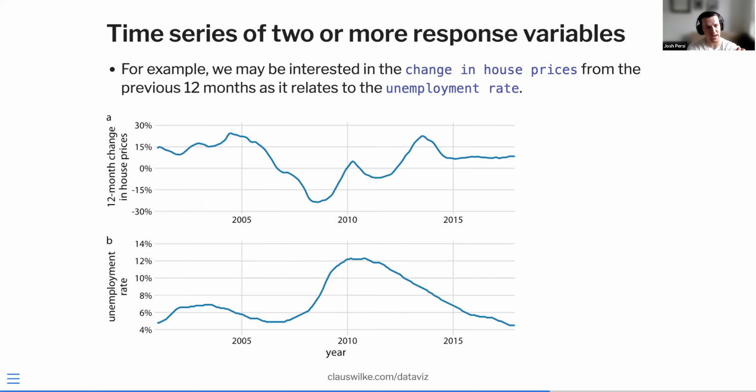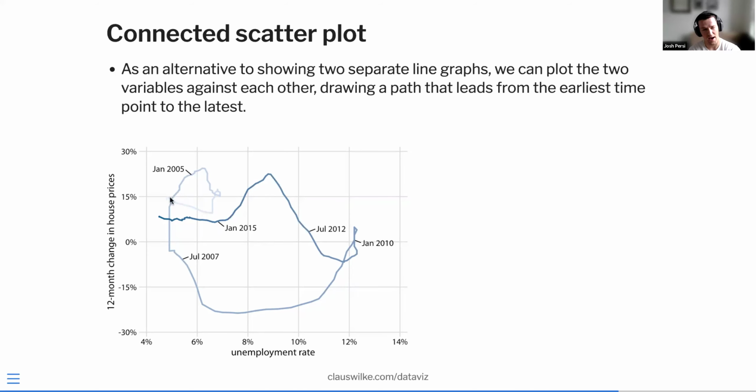Oh, I think I understand it now. So it's January 2005 in the top left corner with the label. So the beginning will be somewhere here. If it's up in the top left corner of the graph, that means high housing price change on the y-axis, as it always does, and low unemployment on the x-axis.